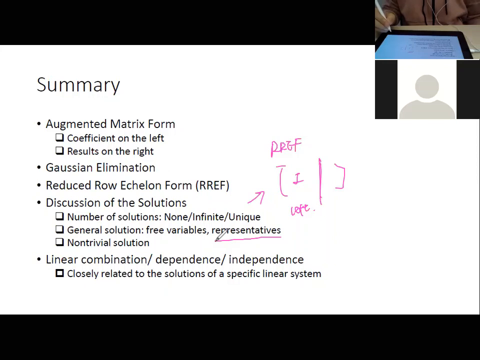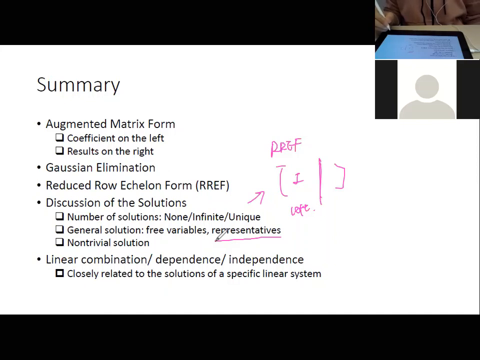And then we learned what trivial and non-trivial solutions are. If all the elements in the solution are 0, then the solution is a trivial solution. That means the solution is not important. Otherwise, the solution is a non-trivial solution.